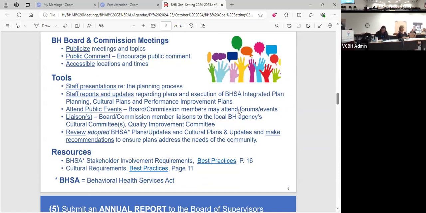We talked about these tools already, but specific to making sure that the community is involved in planning. You can do staff presentations, ask for presentations specifically on the planning process, ask for updates as the year goes around.